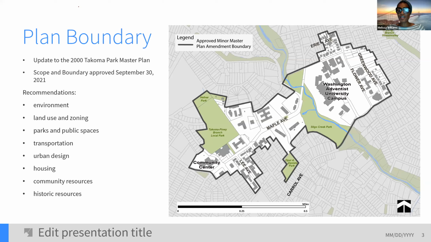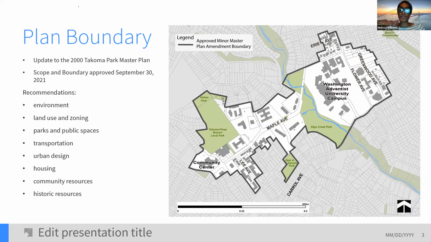And as you can see, it basically came down to the Washington Adventist campus, that's both the hospital and the university. It's also that stretch of Maple Avenue that extends from the community center to the Washington Adventist campus. And then we also have a small piece of Erie Avenue, because we wanted to bring in those commercial and office uses that are located at the Erie Center.